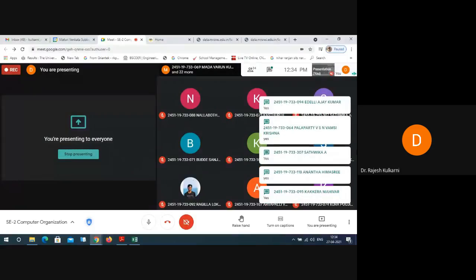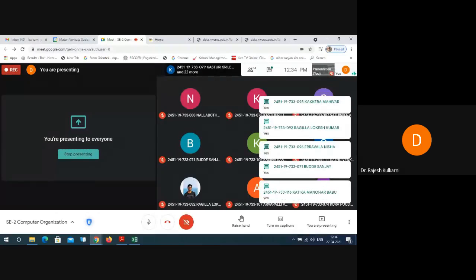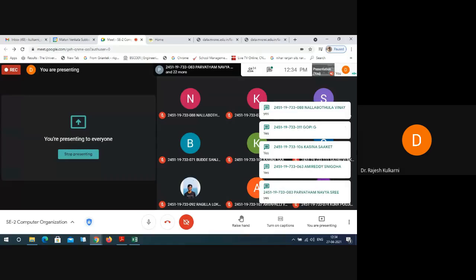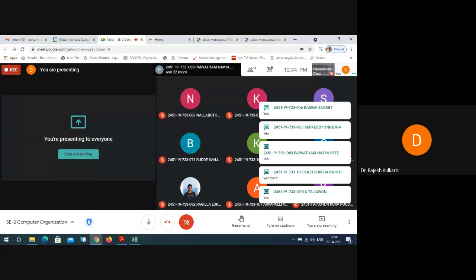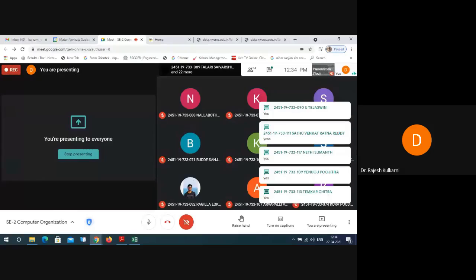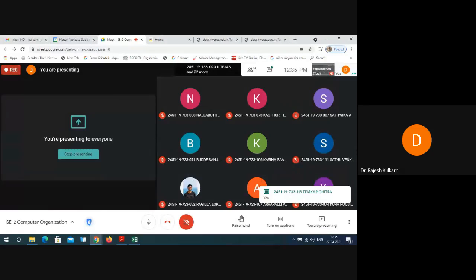Ajay, Vamshi, Satvika, Himashri, Mahivar, Lokesh, Nisha, Sanjay, Manohar, Kasturi, Rajashree, Mudiraj, Gopi, Saket, Snigdha, Naveshri, Harshit, Tejaswini, Ratna, Niti, Sumant, Pujita, Chitra. Very good. So it means you're all there in the class.